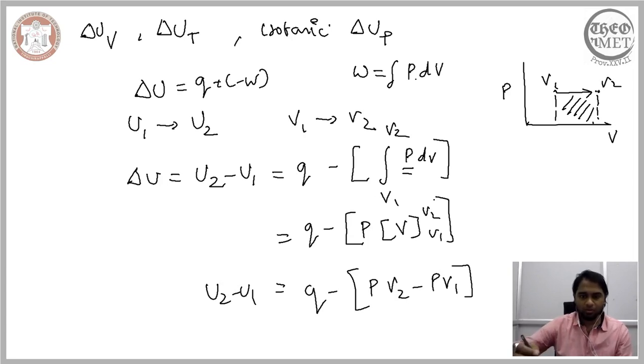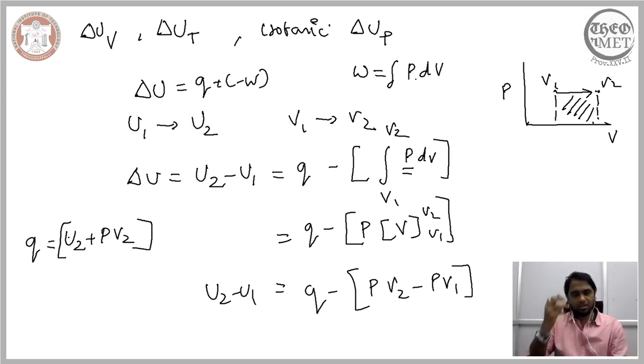Now essentially what we can do is rearrange these terms, and when we rearrange them, we end up having Q equal to U2 plus P V2, minus U1 plus P V1. So we are clubbing the variables that are associated with the second state of the system together, and the variables that are characteristic of the first state of the system together.